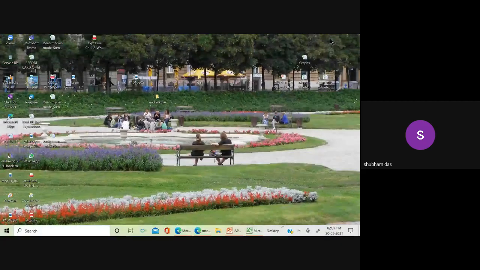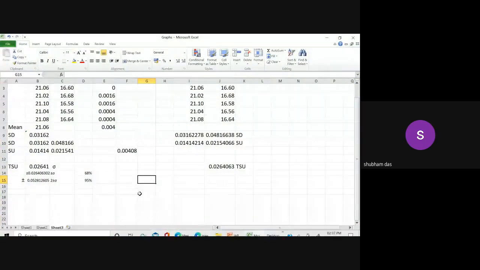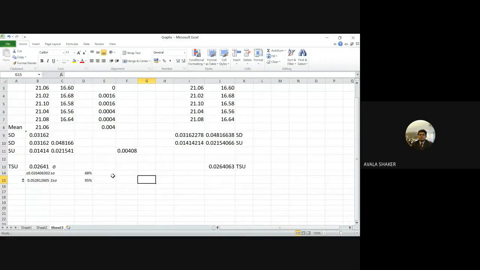Sir, can you explain why we multiplied 2 with the uncertainty of resolution in the formula? Yeah. So the instrument uncertainty will be there when you're measuring the thickness, as well as it will be there when you're measuring the hole depth, right?